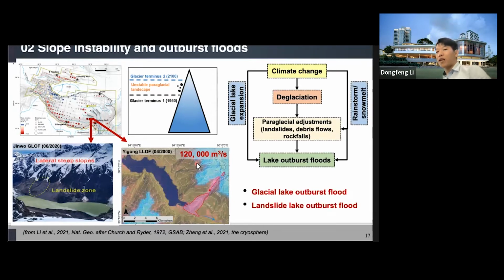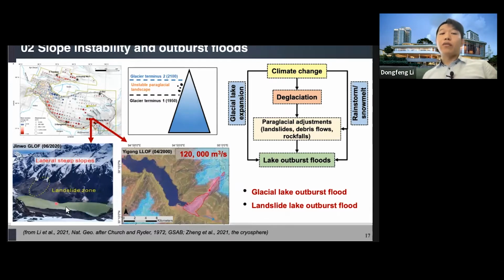And if we summarize such processes, we can see climate change has caused the deglaciation, and the newly exposed paraglacial landscapes are unstable. They are prone to landslides, debris flows, and rockfalls, and they can further trigger the lake outburst flood. Of course, climate change can also expand the glacial lakes.